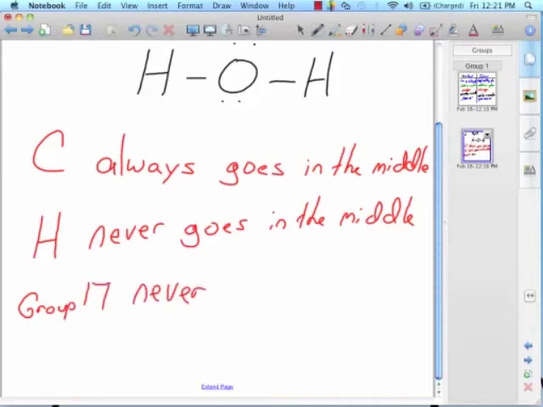Group 17 never goes in the middle. Obviously, there are going to be exceptions at some point, but it's easier to say never than 99% of the time it does not go in the middle. And if none of those rules apply, there's one more to make sure we have it right.